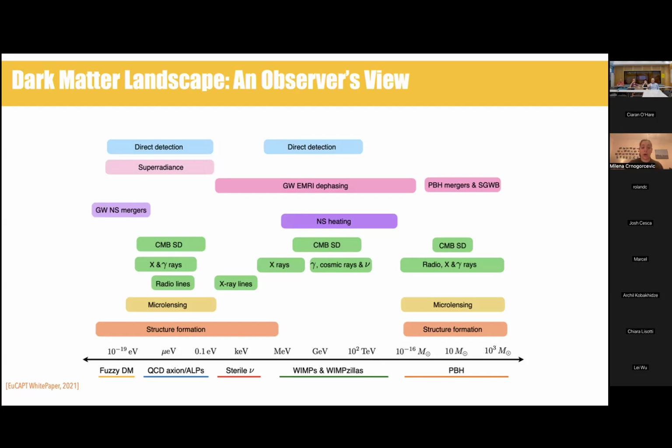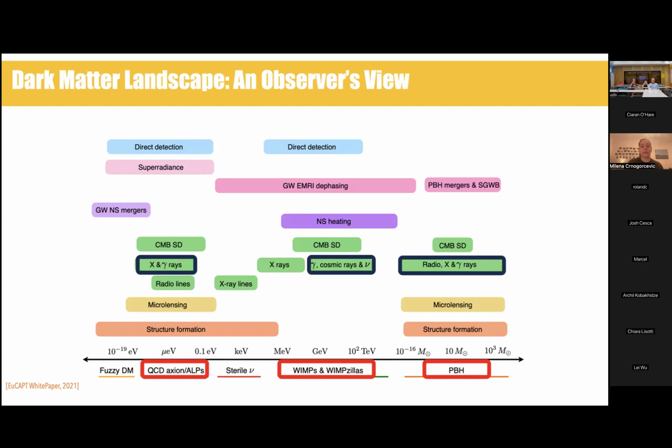And in this talk, I want to emphasize the gamma ray searches, which narrows down our favorite dark matter models to QCD axion and ALPs, WIMPs, and primordial black holes. As this talk will be focusing on Fermi-LAT, in large part, the story here will be surrounding WIMPs, but I will touch upon some of the ALP searches too.